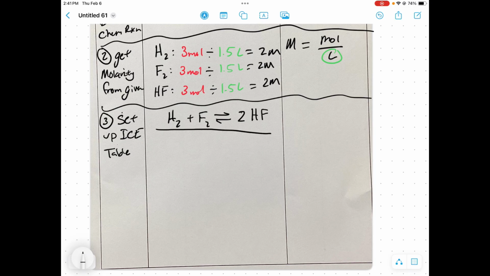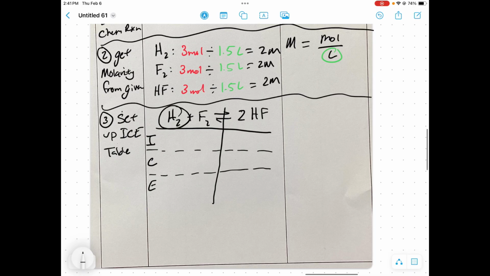I'm going to draw my lines, and for my ICE table, I'll make a row for each of those. I is for initial, C is for change, and E is for equilibrium. Seeing that I have H2 and F2, two different reactants, I like to separate my reactant side with a little squiggly line.